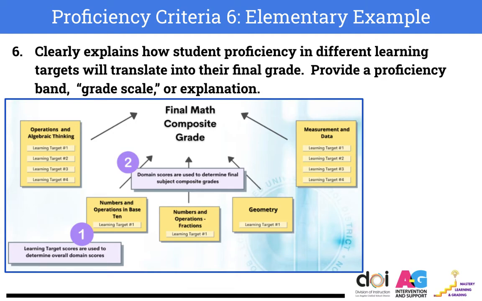So first, the teacher is communicating that the learning target scores will be used to determine overall domain scores. Then there are images that correspond to those domains, indicating that learning targets will inform each domain. For example, in operations and algebraic thinking, this teacher has 4 learning targets.